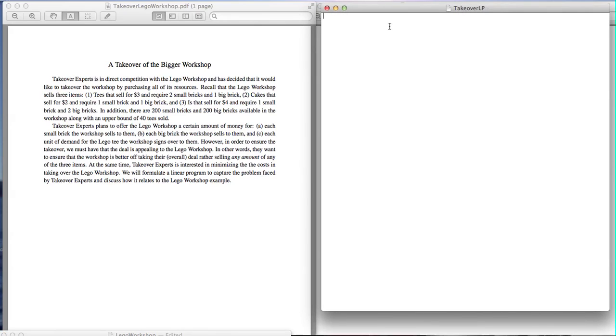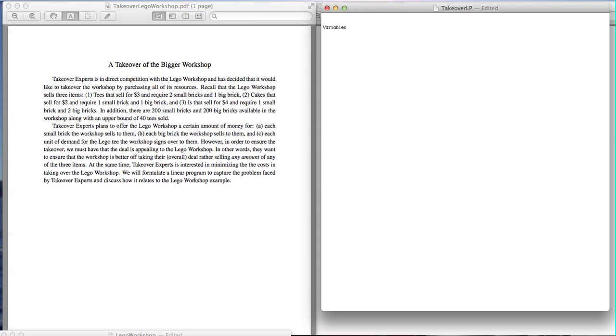Initially, like we always do, we'll start defining the variables in the Takeover problem. Our decision-making problem for the Takeover company is to determine what the contract is going to look like that they're going to offer to the Lego Workshop. The decisions are spelled out in the first sentence describing the Takeover problem.